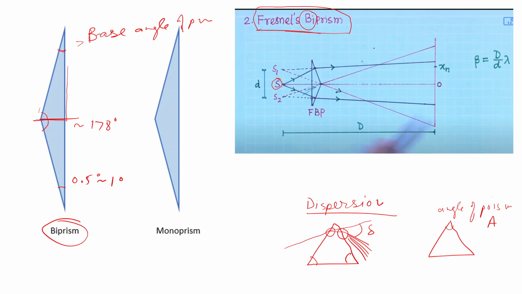In the same way, if I consider a ray going to the remaining half of the prism, after refraction it reaches the screen at this particular point.